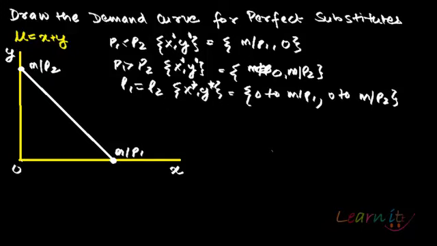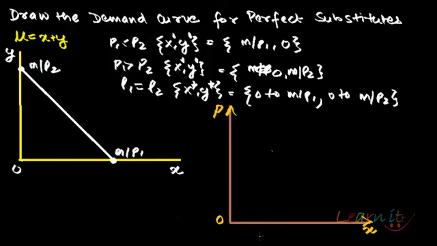Now, how do you draw the demand curve? This was an indifference curve. The demand curve is going to be like this. This is the quantity demanded of x and this is the price.